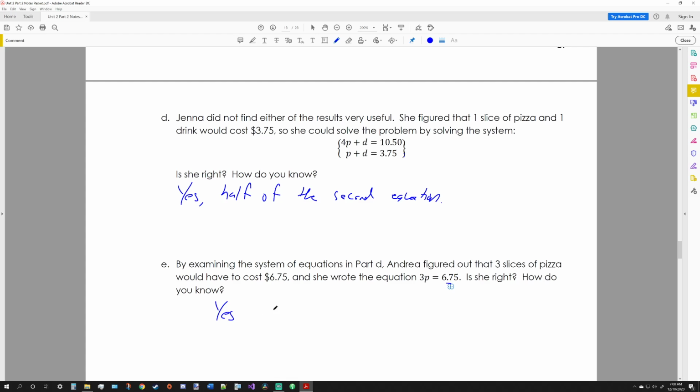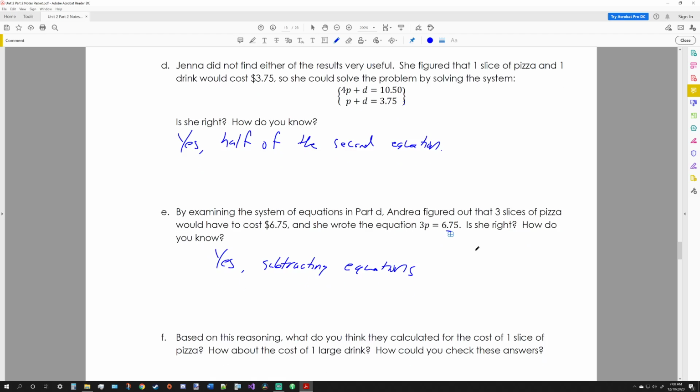And what we're doing here is we're essentially subtracting equations. Right? We're taking this 4p plus d equals 1050, and we are subtracting this whole thing.